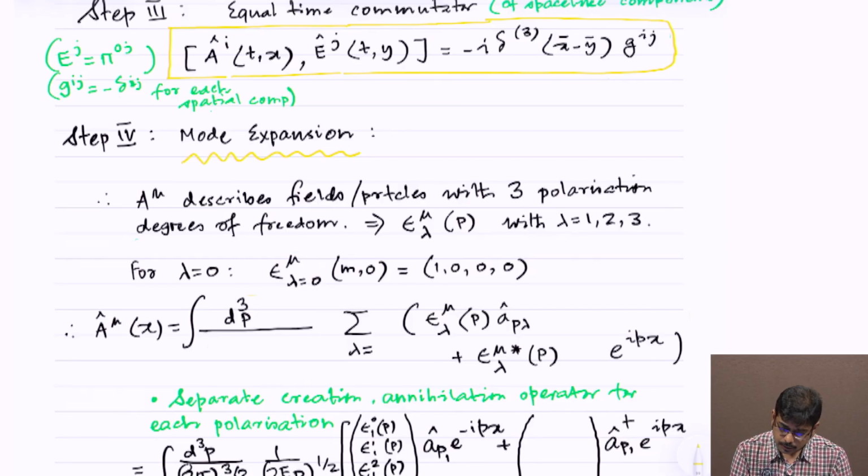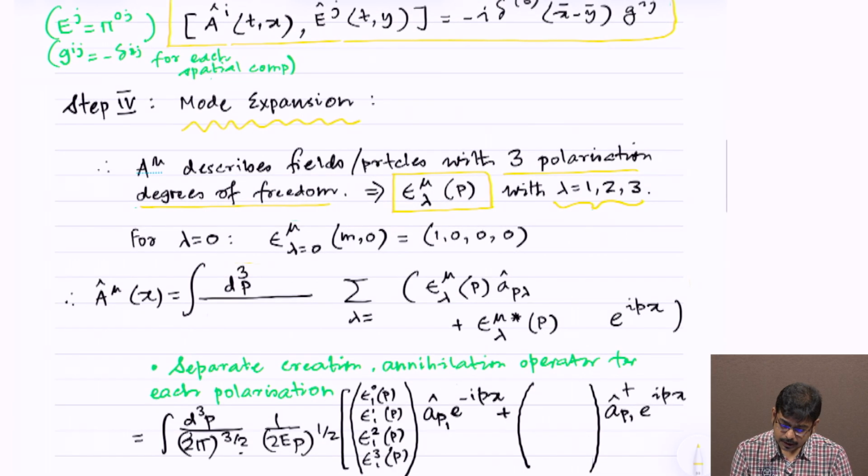So, for massive vector fields or particles, they have 3 polarization degrees of freedom, described by epsilon mu lambda, with lambda equal to 1, 2 and 3. So, for example, epsilon mu lambda at m0 you can write simply as 1 0 0 0. So, each epsilon has 4 components, but there are 3 kinds of epsilons, right. So, that is basically the statement.